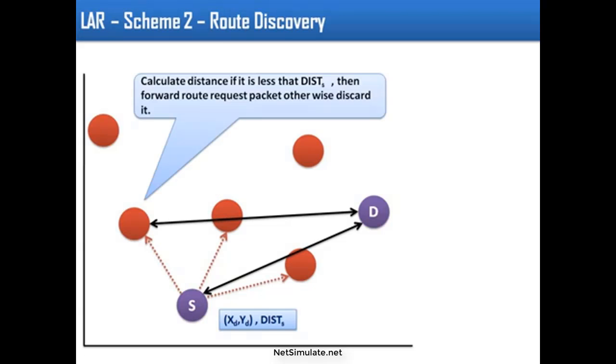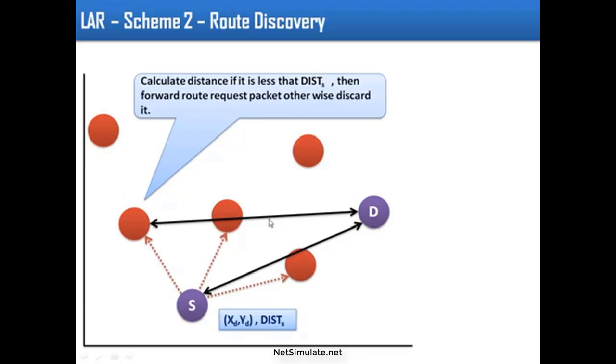When this node receives one copy, to find out whether it is eligible to forward this packet to its neighbors, it uses the coordinates of D in the packet and its own location, and calculates the distance between the destination and itself.